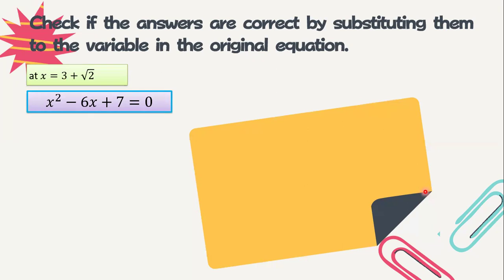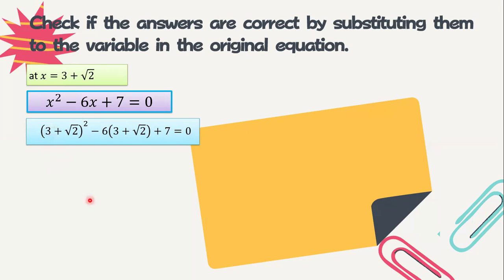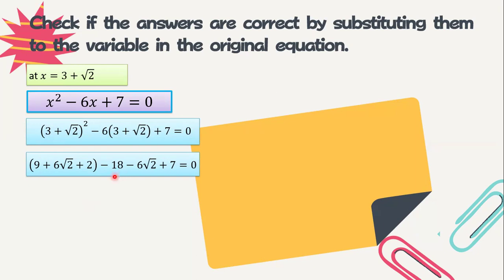So we have 3 plus square root of 2 squared minus 6 times 3 plus square root of 2, plus 7. If we solve this, that is 9 plus 6 square root of 2 plus 2, minus 18 minus 6 square root of 2, plus 7. So how did it become like this?